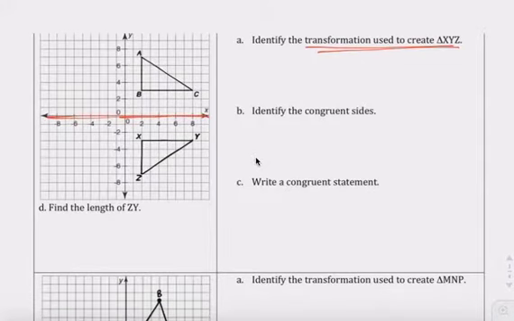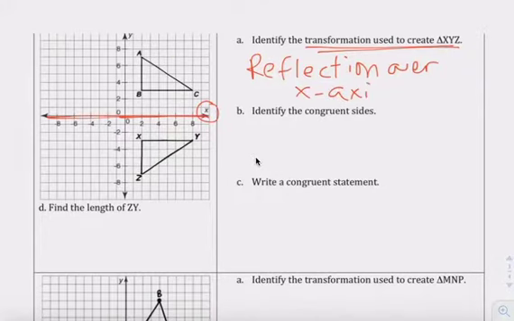If you put the mirror here, it's the letter X, so it's reflection. Don't just put reflection, there are different types of reflection, over the x-axis or across the x-axis. Identify congruent sides.